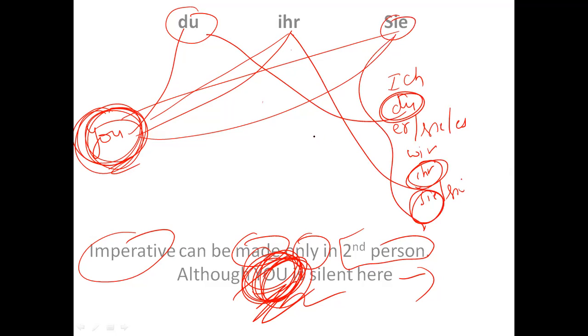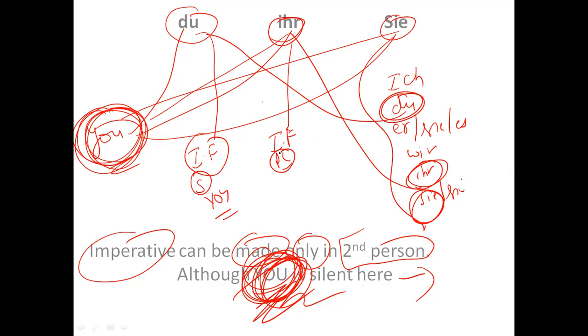All the words are the same in meaning, but what is the difference? This du is informal singular you. This ihr is informal but plural, you all.